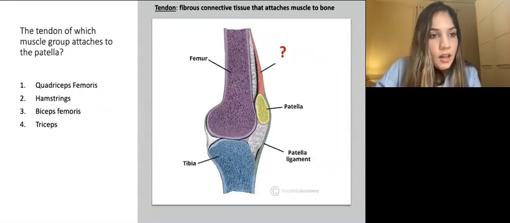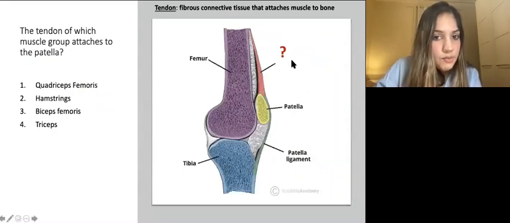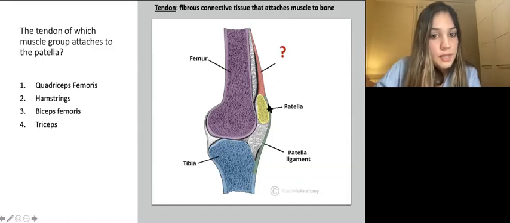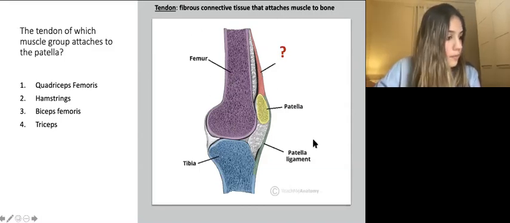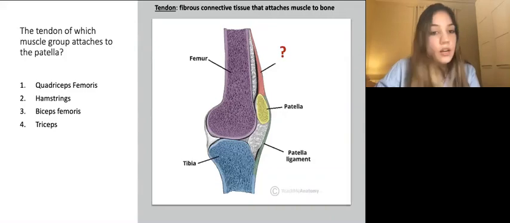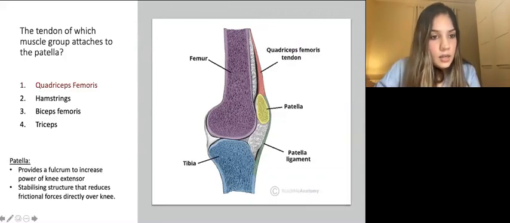Can anyone tell me the tendon of which muscle group attaches to the patella? If I tell you this is the femur, so this area would be the thigh. Yes, the quadriceps tendon.